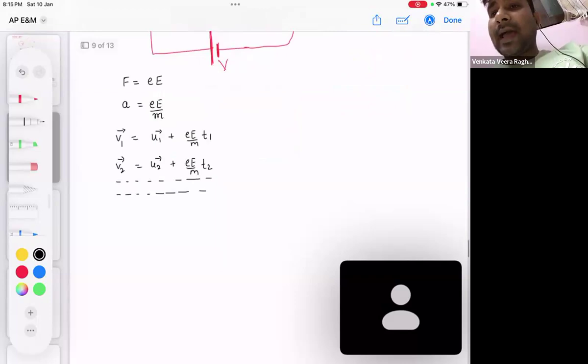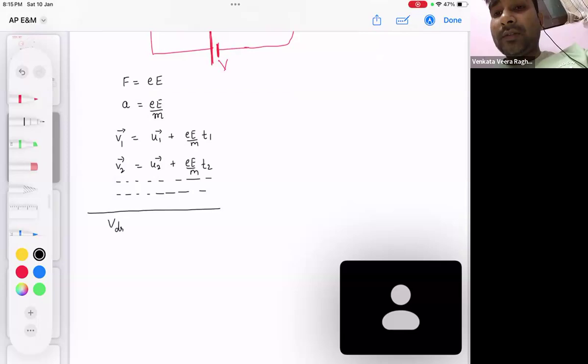If you sum them and take the average, V1 plus V2 plus V3 plus V4 and so on. The average of all those velocities, the average velocity of all these electrons, is called the drift velocity. So U1 plus U2 plus U3 average, how much will it come? Think about U1, U2, U3. Those are the velocities of all these electrons before the field was applied.